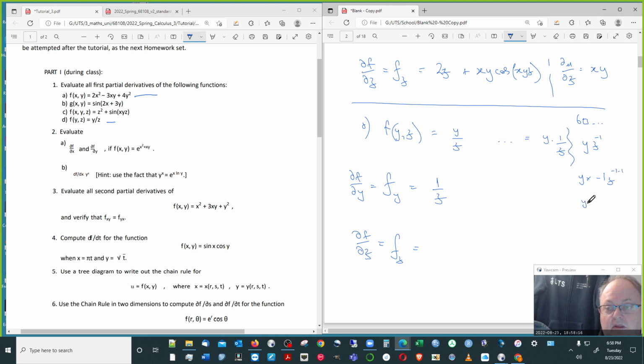We get minus z to the minus 2, which is minus 1 over z squared. So this one will be minus y over z squared.